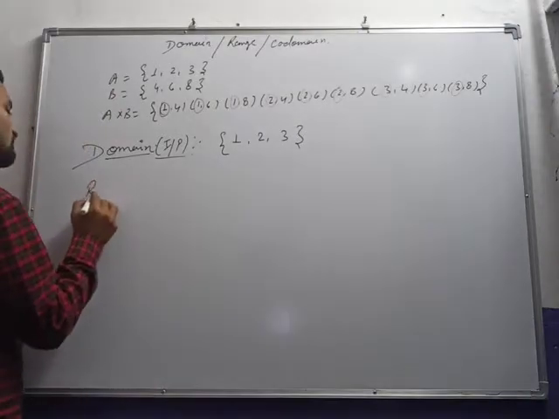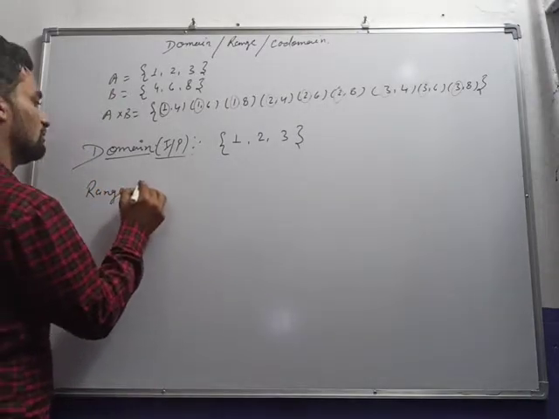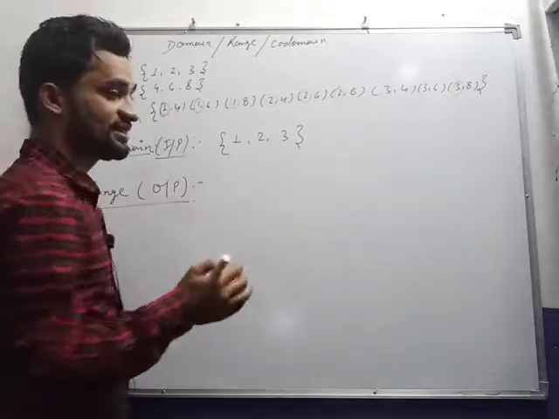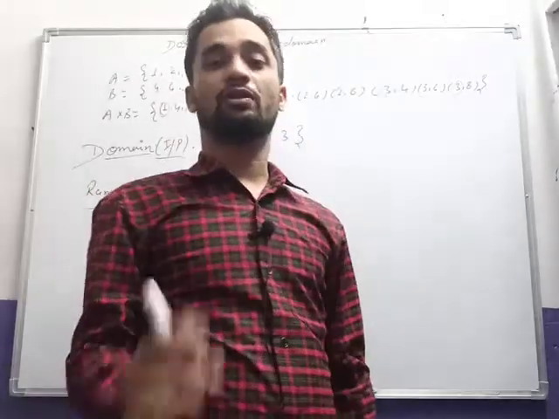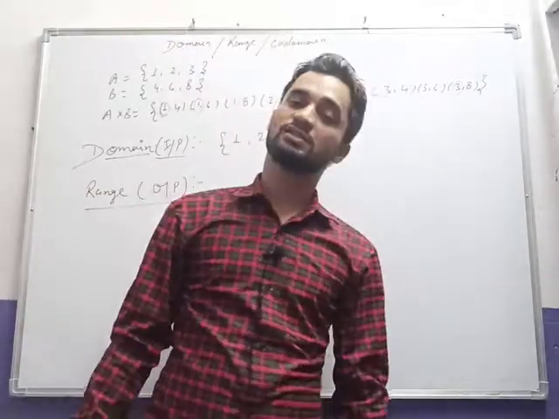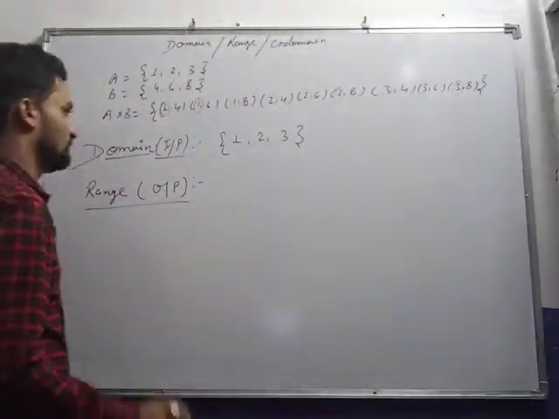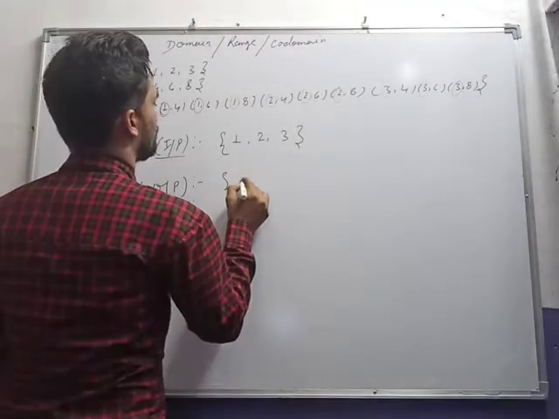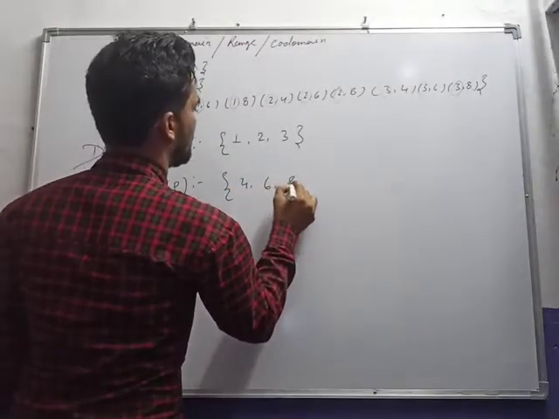And now let us discuss range, or simply you can say output. So what will be range? The second element of an ordered pair is known as the range of that Cartesian product. So range will be 4, 6, 8.